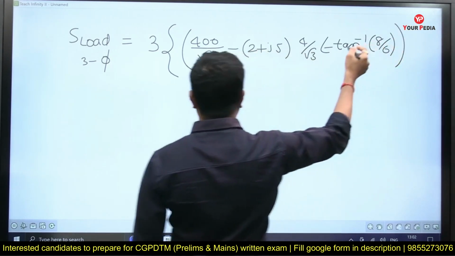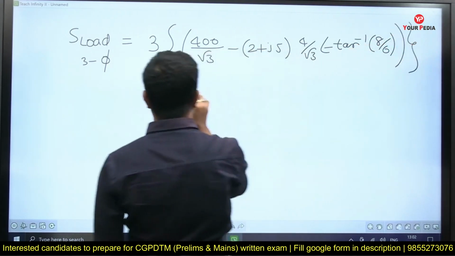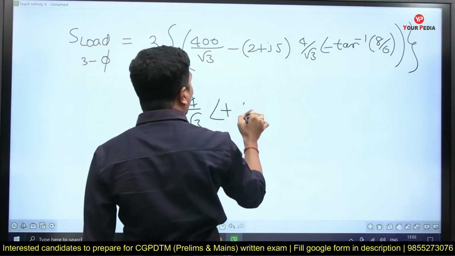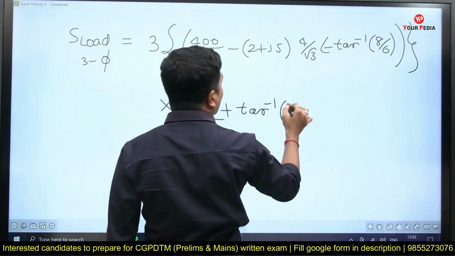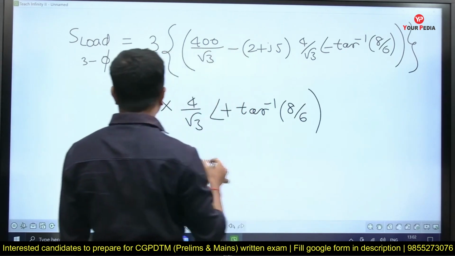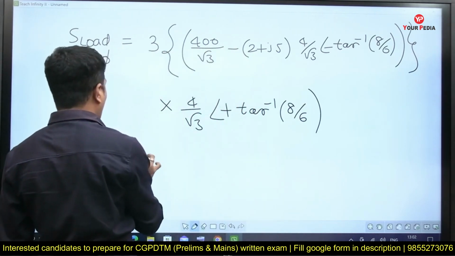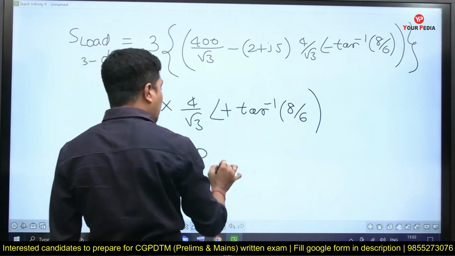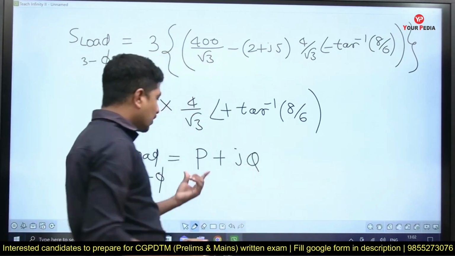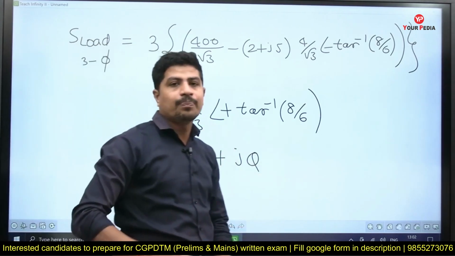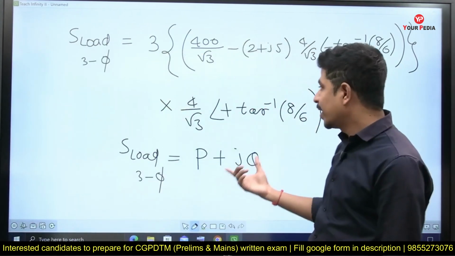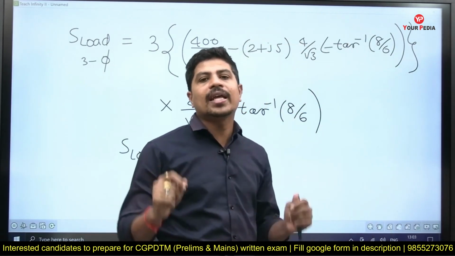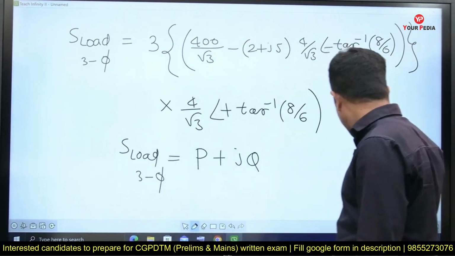This is the voltage, and the current conjugate is 4 by root 3 at an angle of plus tan inverse of 8 by 6. You do this calculation for S load of 3 phase, and you are going to get some real part and some imaginary part. If you calculate that, you are going to get this particular value. So this way, each and everything very clearly we have to write, all the formulae from the very starting.